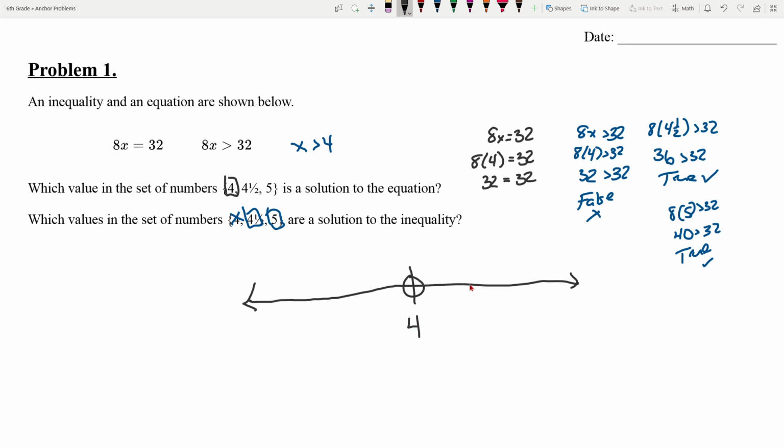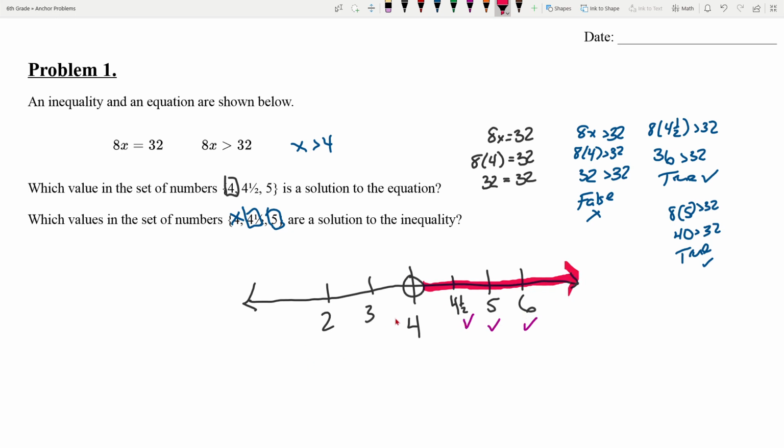If 4, 4.5, 5, 6, numbers smaller include 3 and 2 and things like that. We knew 4 wasn't a solution, but on this example, we saw 4.5 was, and 5 was, and 6 would be, and everything over here on the right side is going to be true for this inequality.